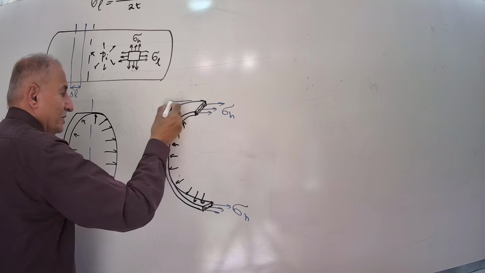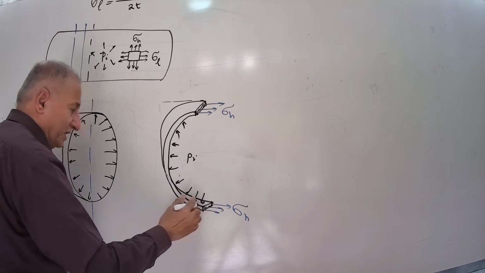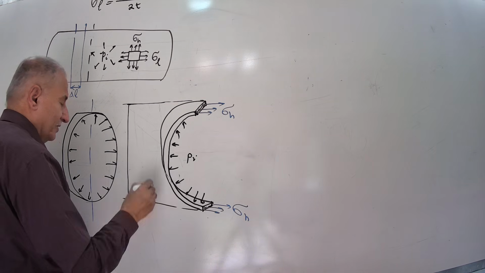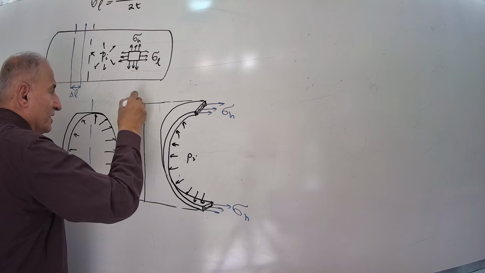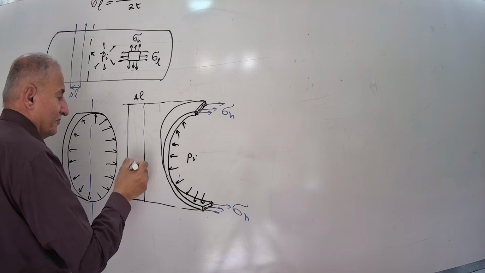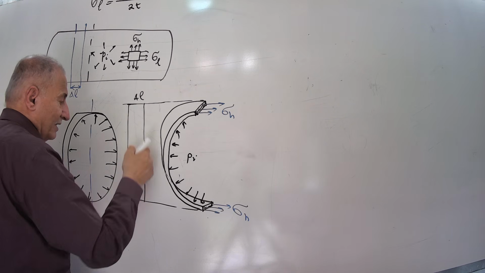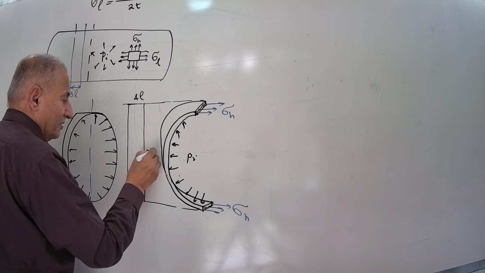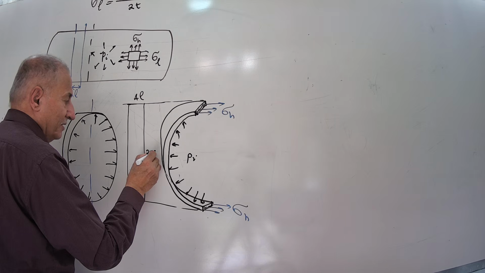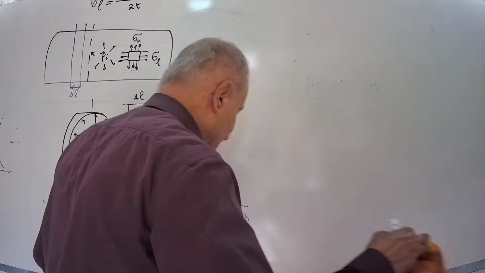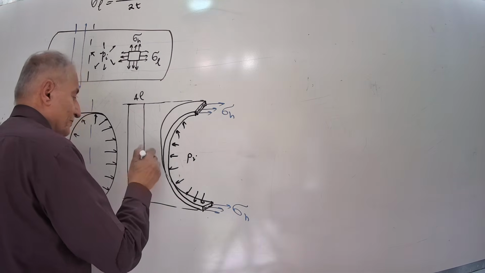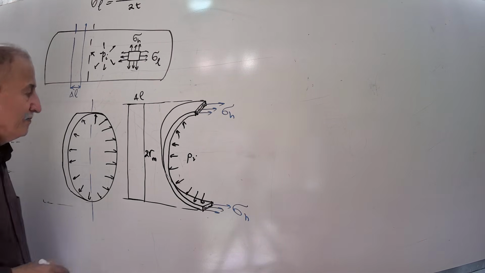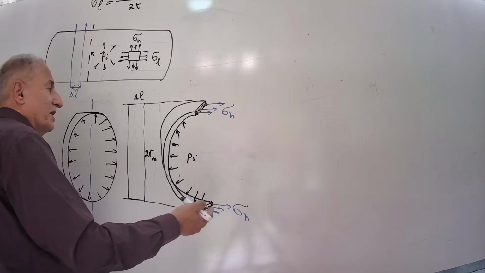again, pi acts on the projected area of this half ring, which is a rectangle. Its width is delta L and its length is the diameter, 2 r m. Then let's write the internal and external forces.